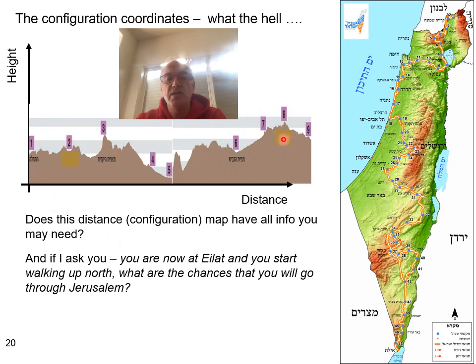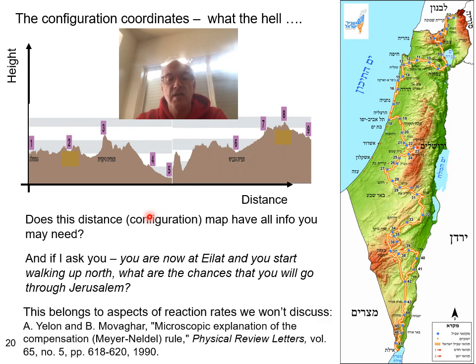It's impossible to answer using this map, because there are so many different ways to cross Israel, and so many different ways to go through Jerusalem, that this map definitely cannot answer it. And this is one of the things that is related to reaction rates, if you like. You can find a bit in this paper that I liked, but it's also in textbooks.